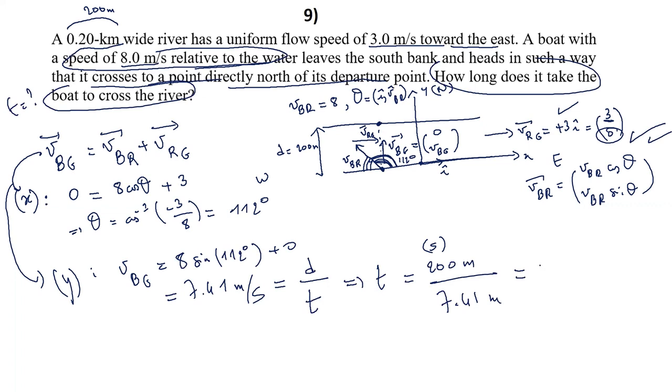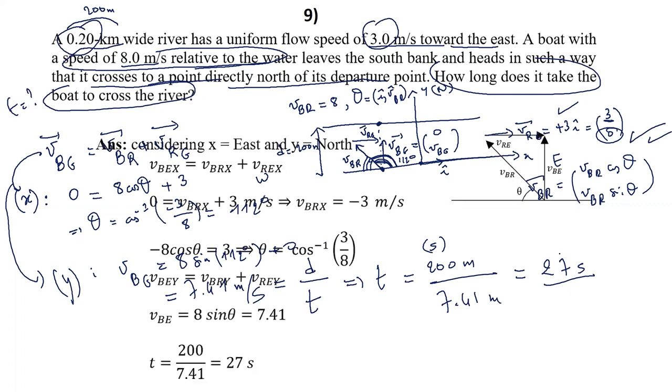If you do the calculation, how much did you get? 27 seconds, okay? I want it in two significant figures, as you notice, all the given values have two significant figures. I hope it's clear, okay? So this is just what I did here in the solution.